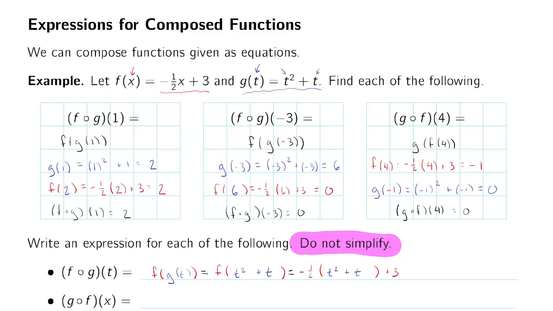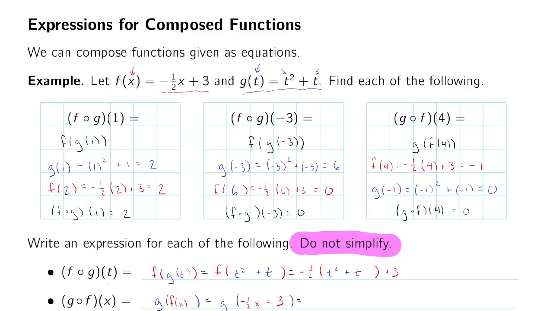Going in the other direction, g composed with f of x. That means we'll take g and apply it to f of x, which means we're taking g and applying it to what f of x represents. So negative a half x plus 3.